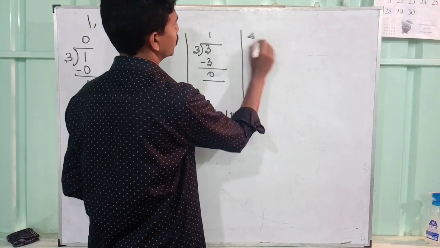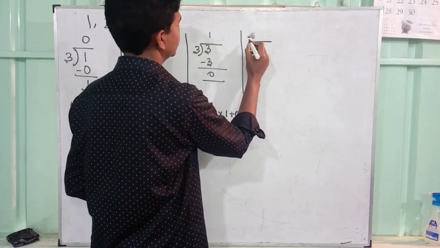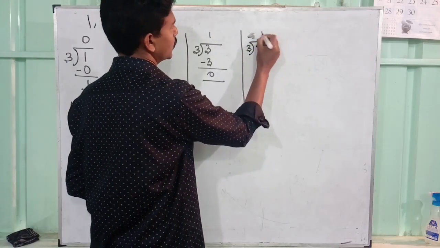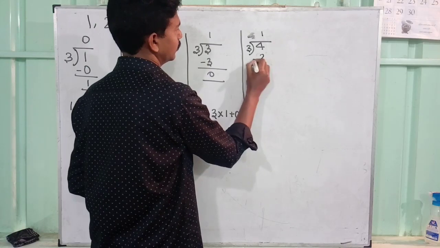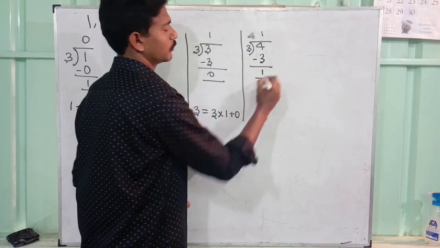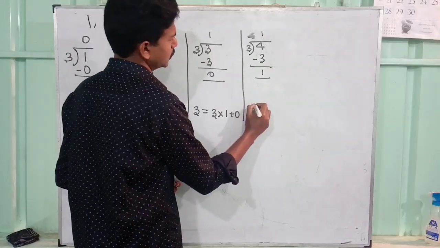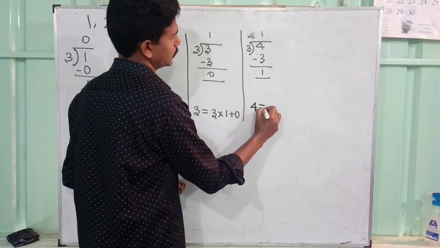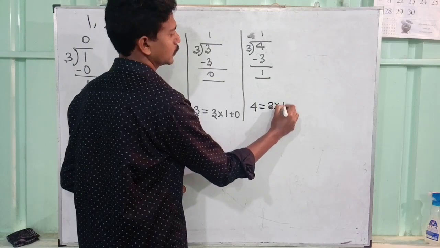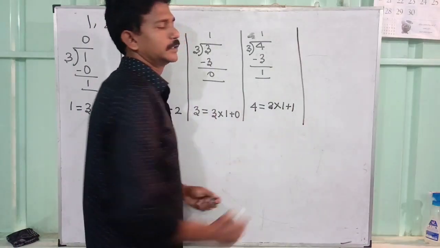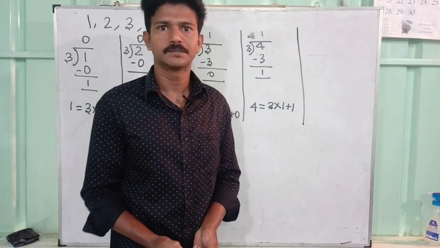So 4 we are going to divide by 3. It goes one time, 1 times 3 is 3. When we subtract, we get the remainder 1. In Euclid's division lemma format, the dividend is equal to divisor into quotient plus remainder. Then we take the next number, 5.